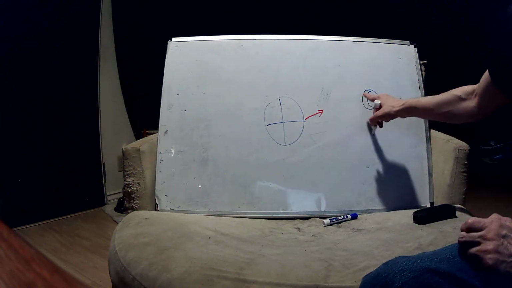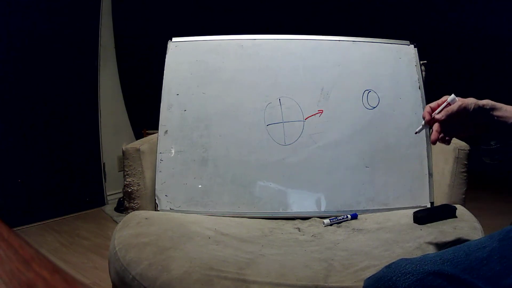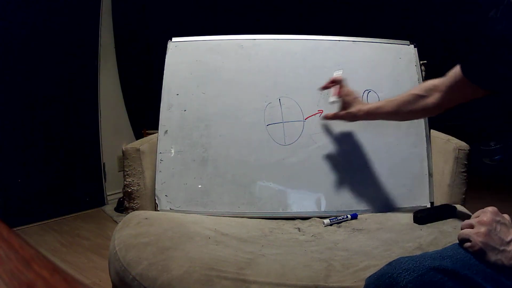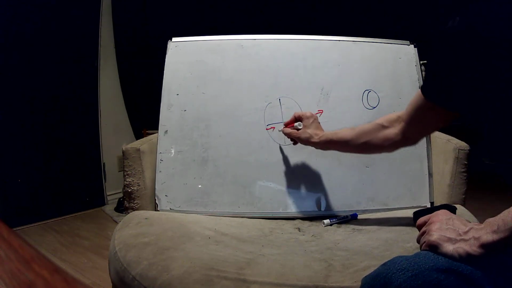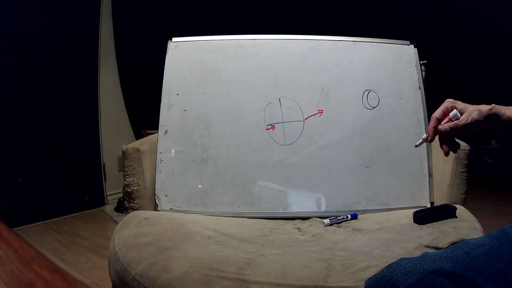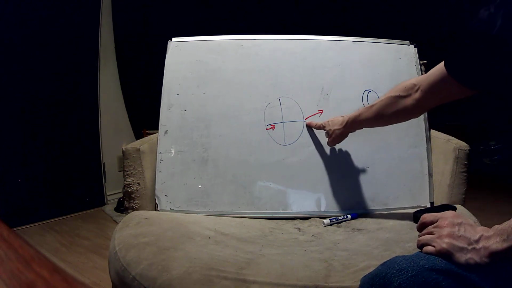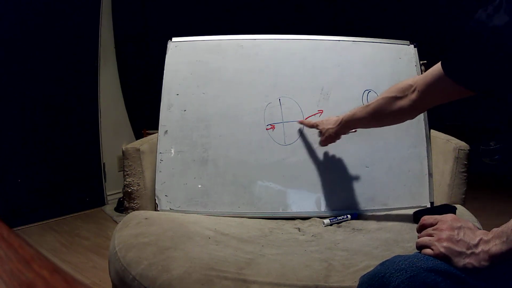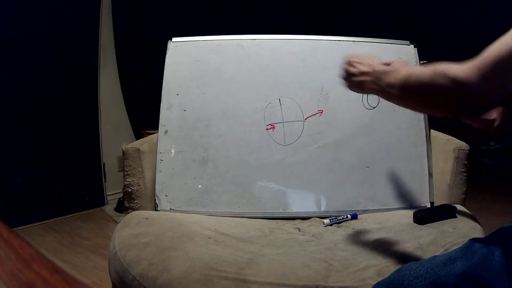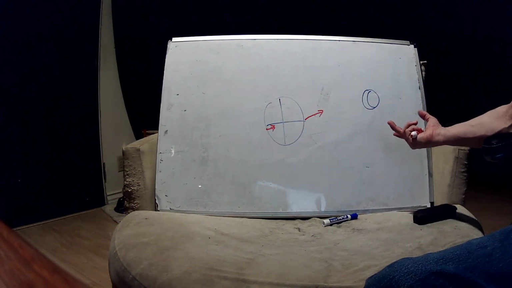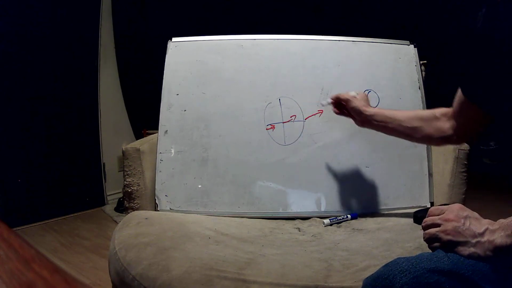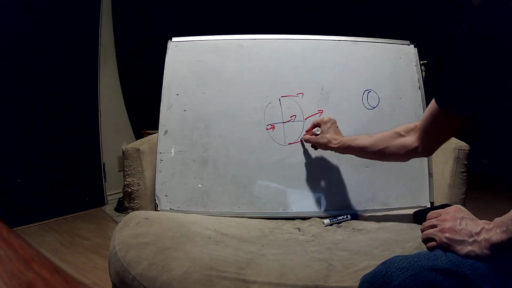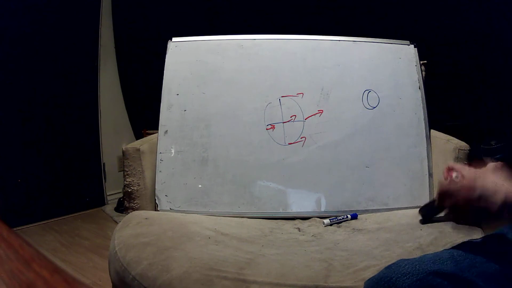The Earth is going to be attracted towards the moon. But because of the moon's close proximity to the Earth, there will be a measurable difference in the strength of the gravitational force on the near side compared to the far side. On the far side, obviously, it's farther away, so it's going to be less. In the middle, it's going to be somewhere in between. Obviously, at every point, there's going to be gravitational attraction towards the moon.